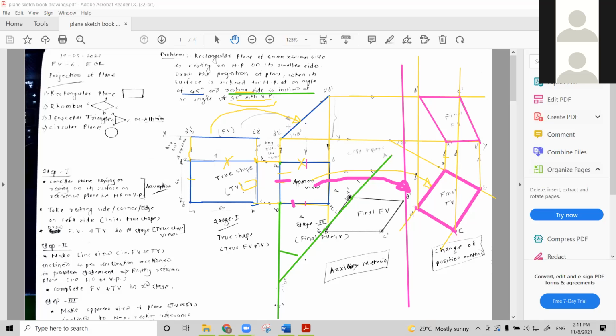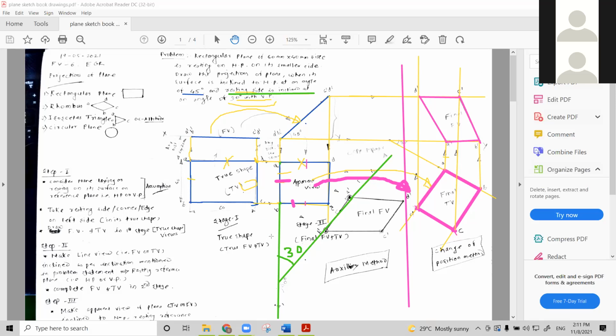This is the inclination of 30 degrees. Then you continue with the usual procedure in getting the further points.